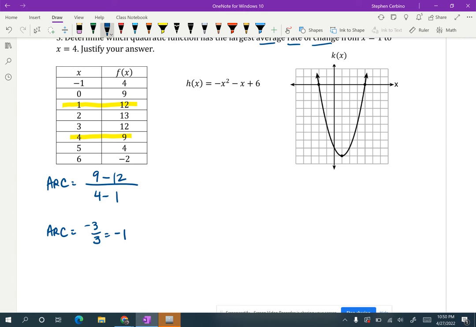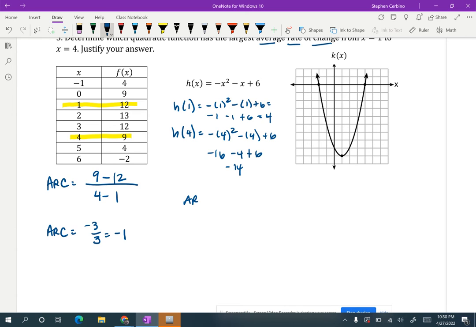For h of x, I need to figure out, well, what is h of 1 and what is h of 4? So if I plug in 1, I'm going to get -1 minus 1 plus 6, or 4. And if I plug in 4, I'm going to get -16 minus 4 plus 6, which is -14.